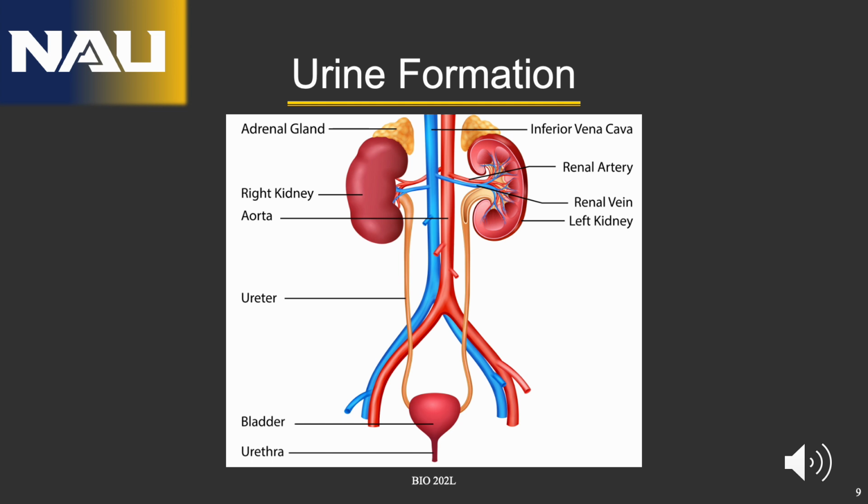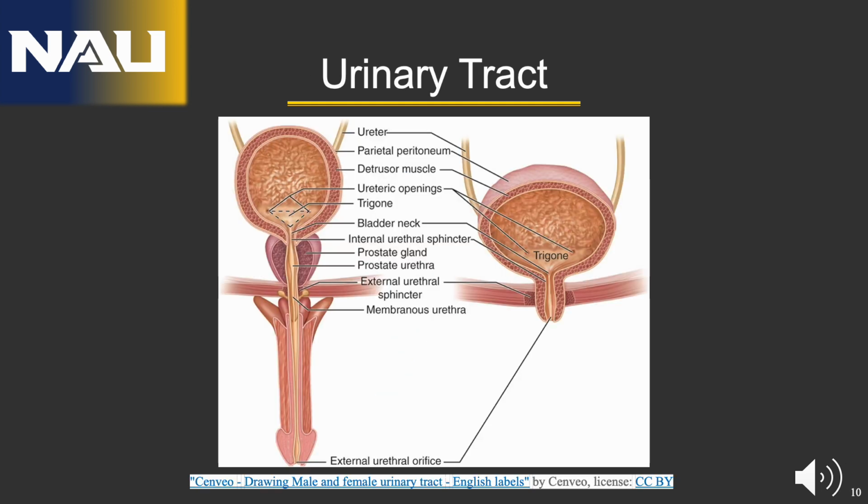Urine flows from the ureters into the bladder through the ureter openings, which are located in the posterior base of the bladder and form a triangular area with the urethral opening called the trigone. This area leads into the urethra, where the internal urethral sphincter, a non-voluntary muscle, controls the release of urine.